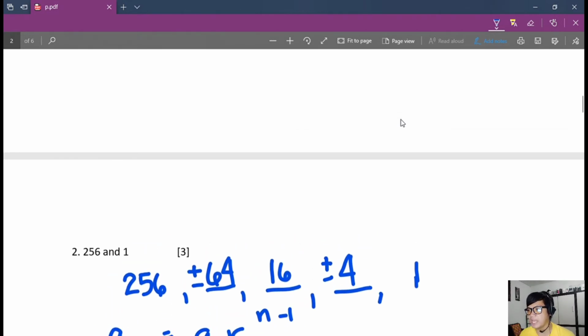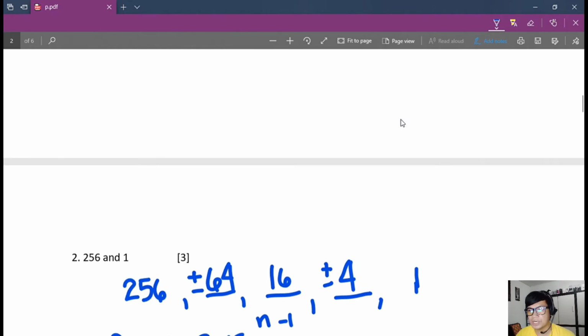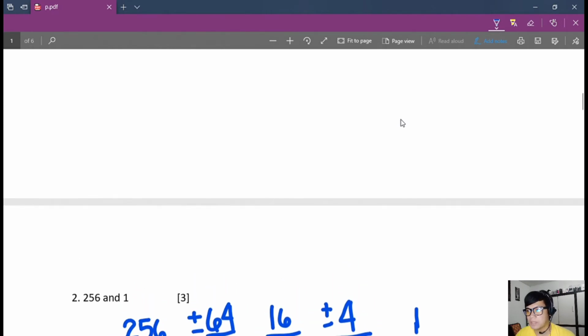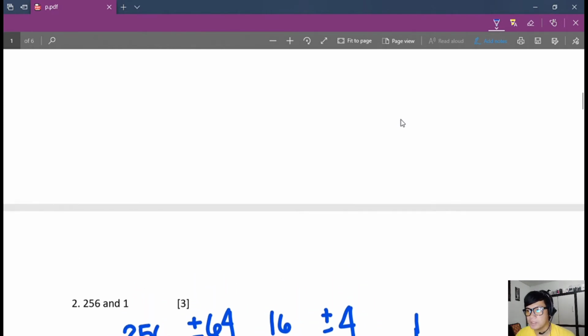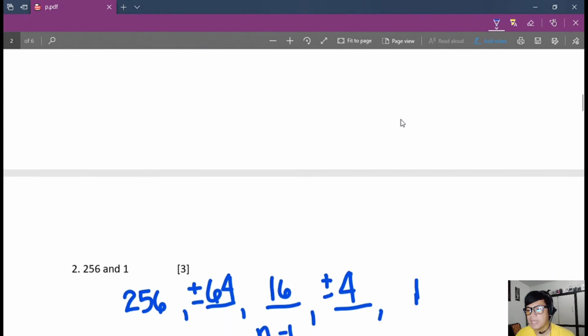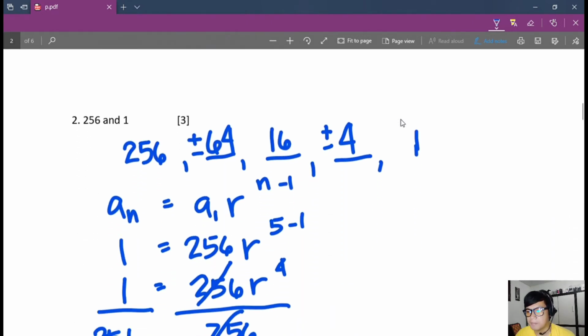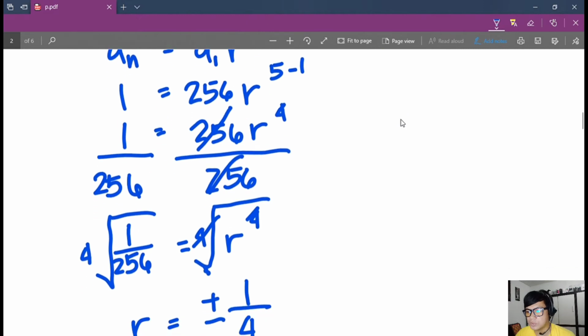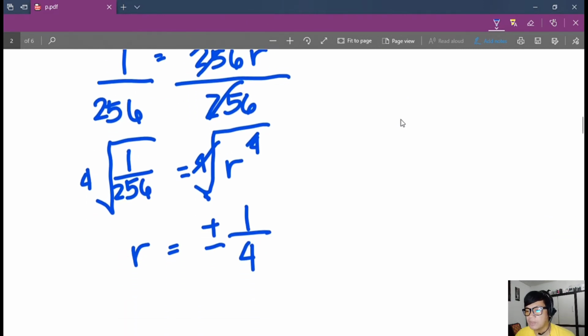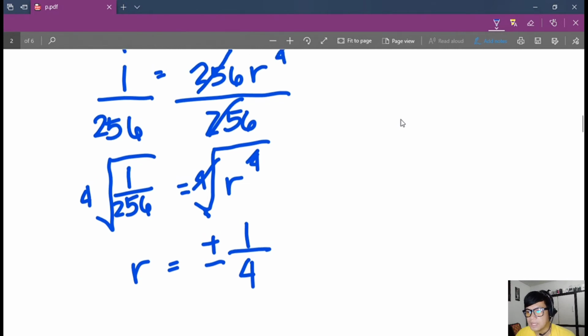The sign of each term in the geometric sequence alternates. So, the positive-negative common ratio is applicable only when the index of the radical sign is even. 4 is an even number. Just remember that when it is even, there would be two common ratios, positive and negative.